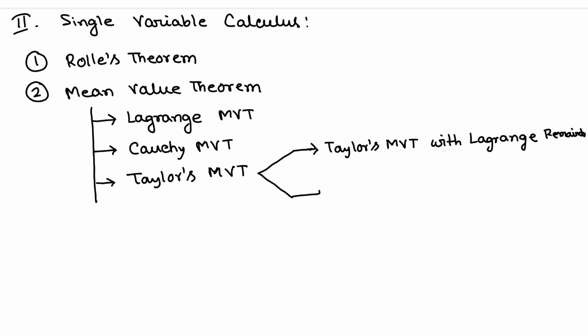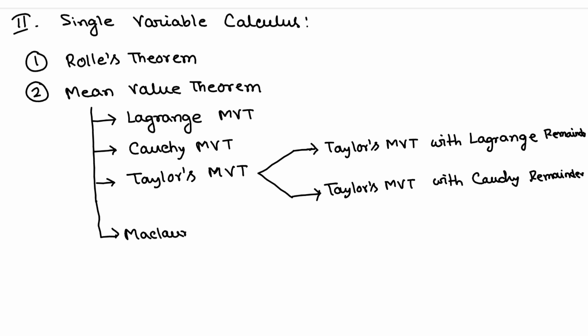Taylor's MVT with Lagrange remainder, and the second one is Taylor's MVT with Cauchy remainder. Okay, and the last MVT is Maclaurin's MVT.